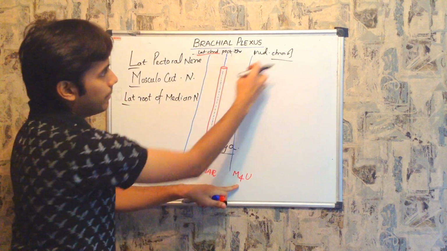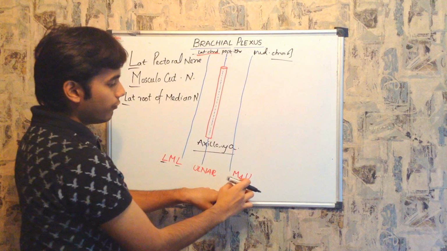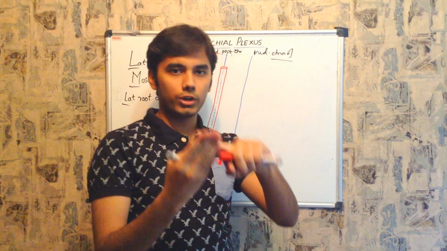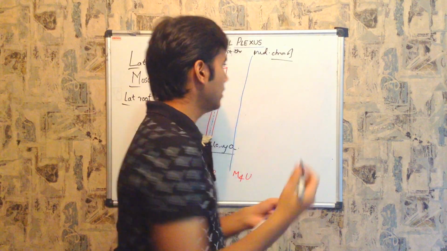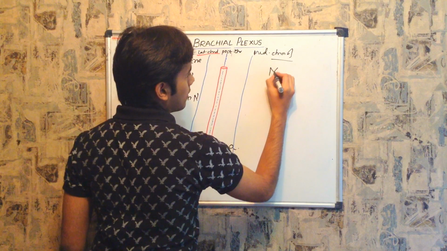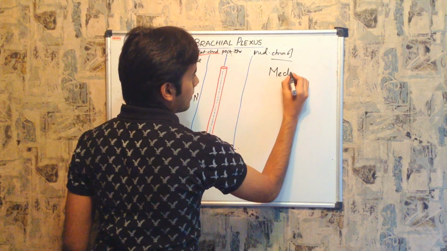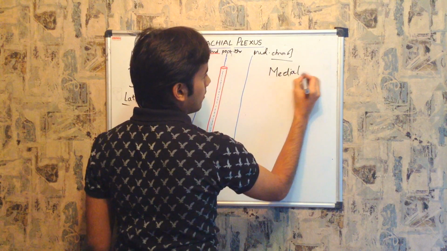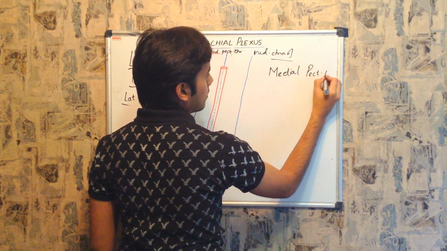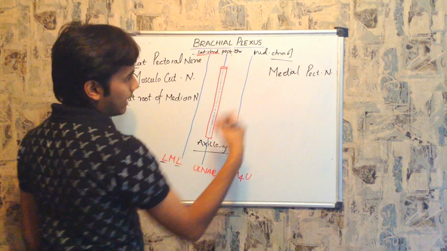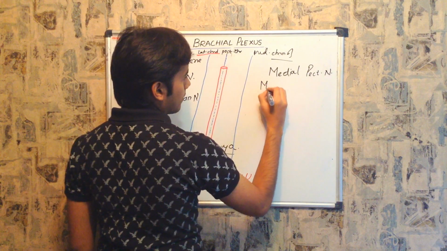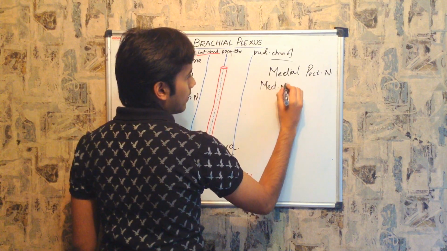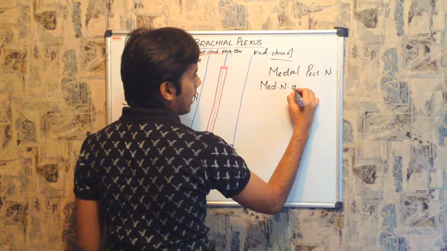Next we'll go with the branches of the medial cord, M4U. M4U means there are 4 M's and 1 U, totally 5 branches. If here it is lateral pectoral, then here it must be medial pectoral nerve. Another M, medial cutaneous nerve of arm.